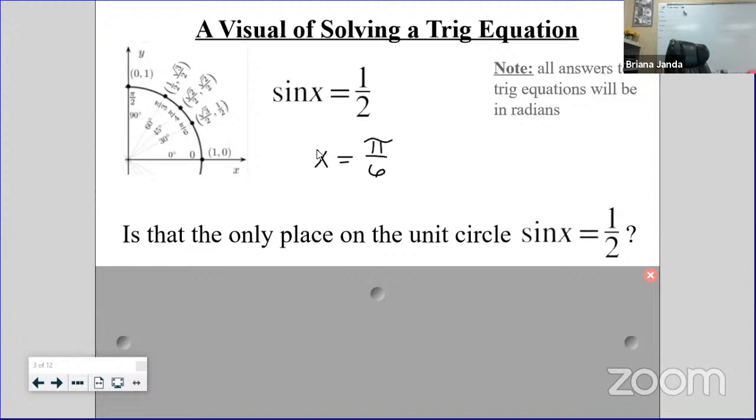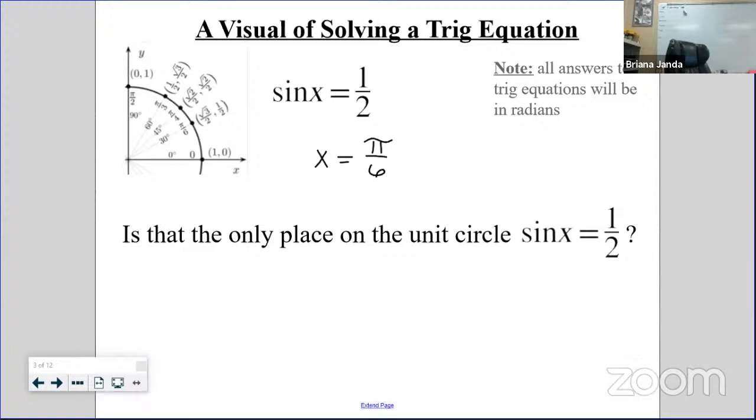Okay, what's the other one? Quadrant 2, right? So it would have been 150 degrees, or again, radians. What's the pi over 6 that's in quadrant 2? 5 pi over 6. So that would have been a second answer for us.